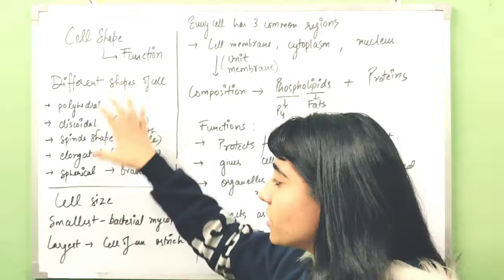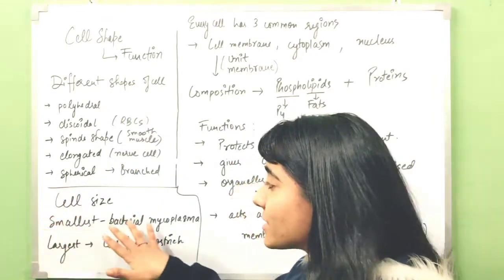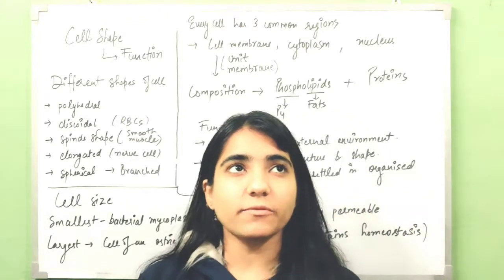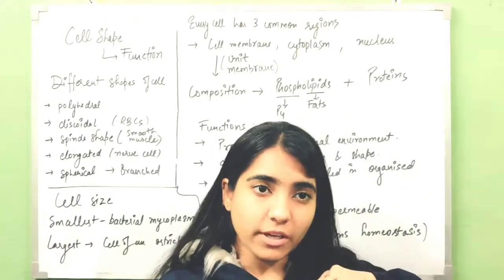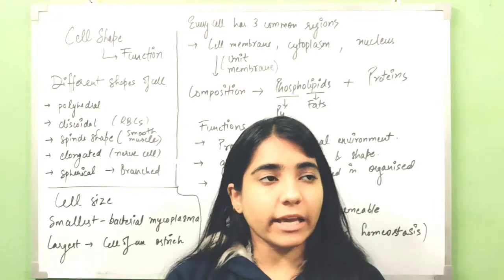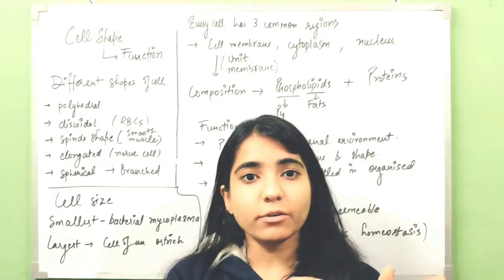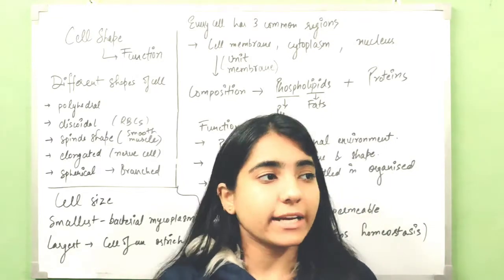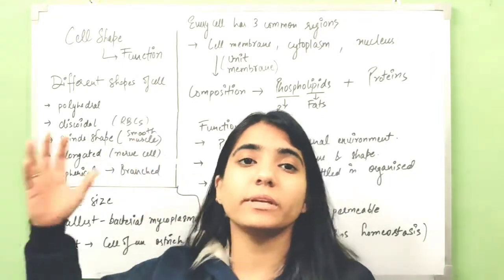Now coming to the next part, that is the size of a cell. The size of a cell can be very small or very large. There is no definite range in which the size of a cell will fall. It can be the smallest, it can be the largest.